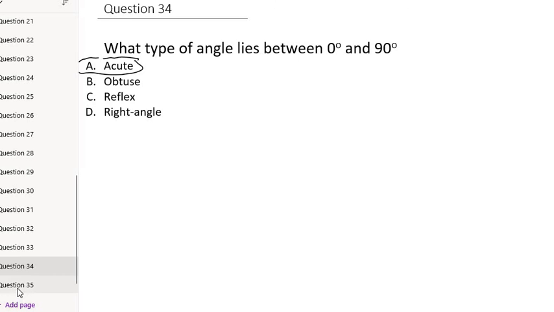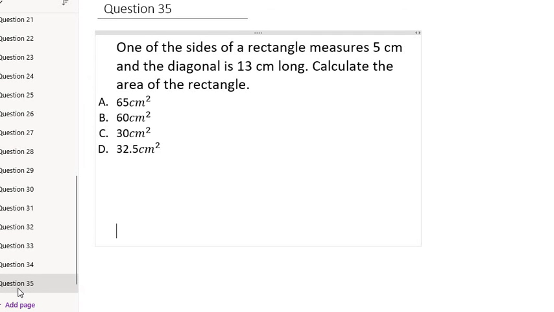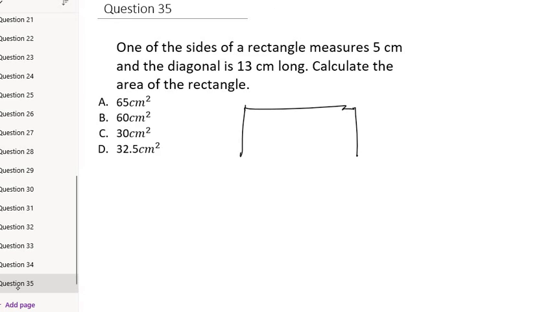Okay, let's take the last question for today. Question 35. One of the sides of a rectangle measures 5 centimeters and the diagonal is 13 centimeters long. Calculate the area of the rectangle. This is the rectangle. Now, this will be the diagonal, which is 13 centimeters long. Let any side be 5 centimeters.